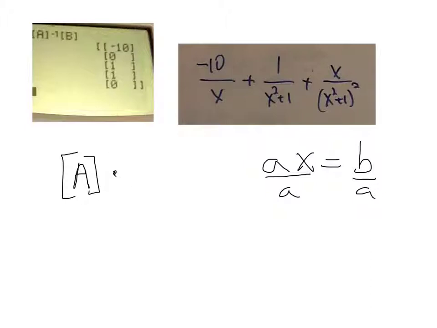Well, the other way to solve, not divide by a, but multiply by 1 over a times a equals b times 1 over a. So, with matrix algebra, the way you find the inverse, or the reciprocal, it's called the inverse, is we hit the x to the negative 1 key.